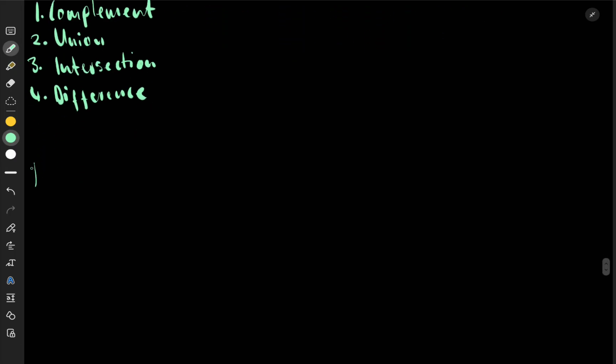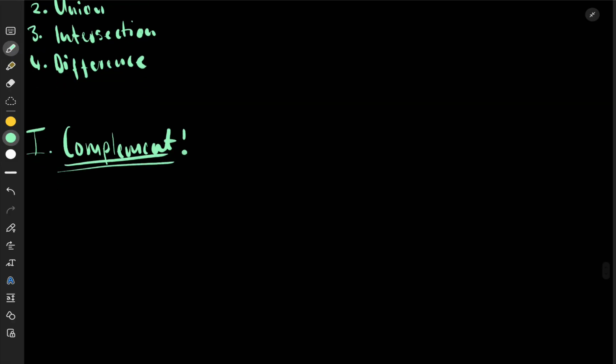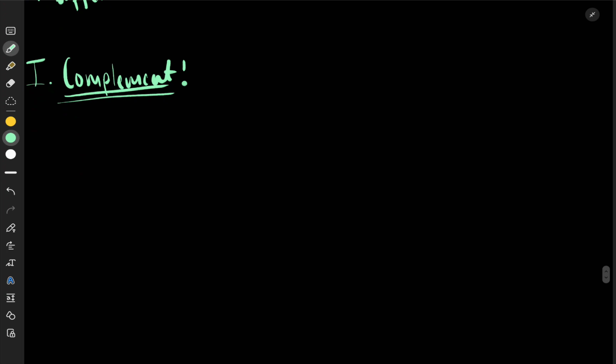For these set operations, you'll be meeting the Venn diagrams more, to help you see the picture. Complement just means that you'll be having something which is not what you are looking at.